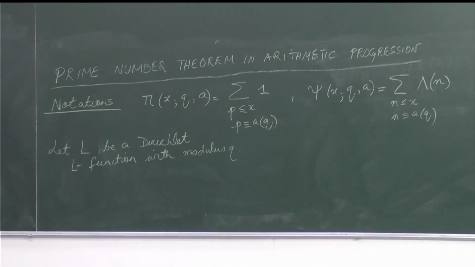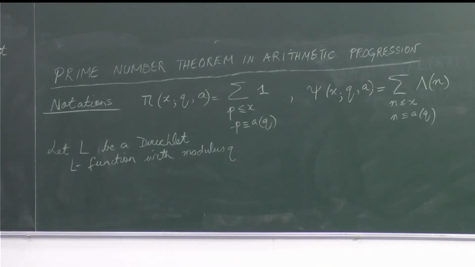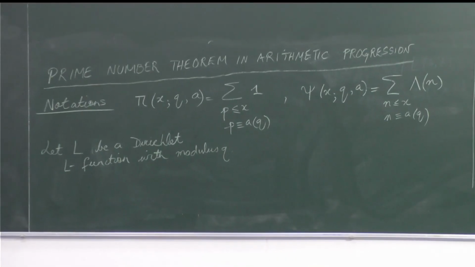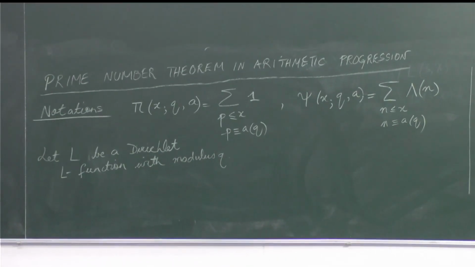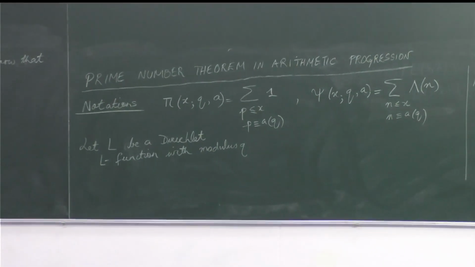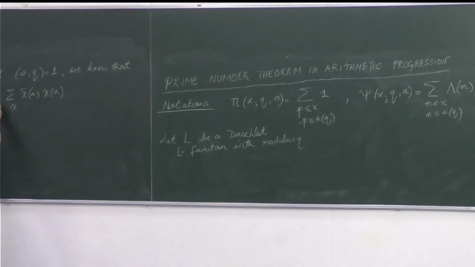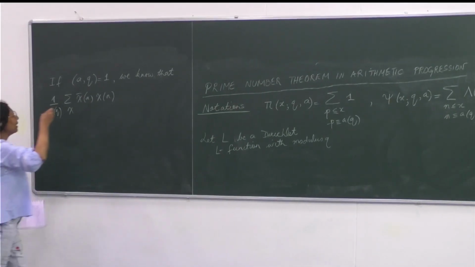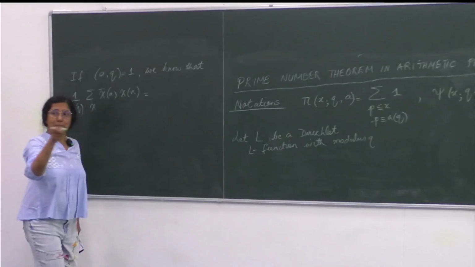If I take the sum over chi of chi bar of a times chi of n, and normalize by the Euler phi function, you remember this?